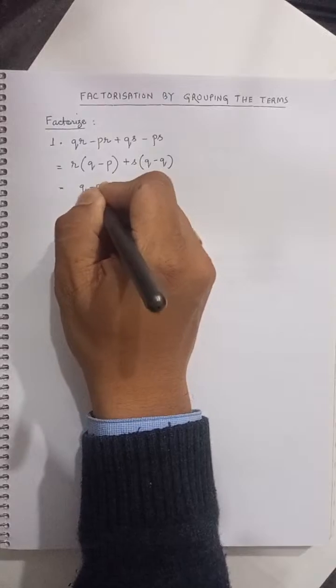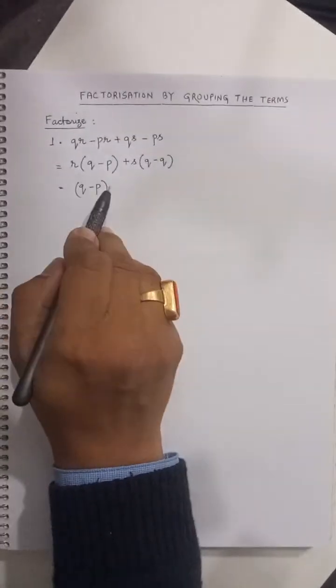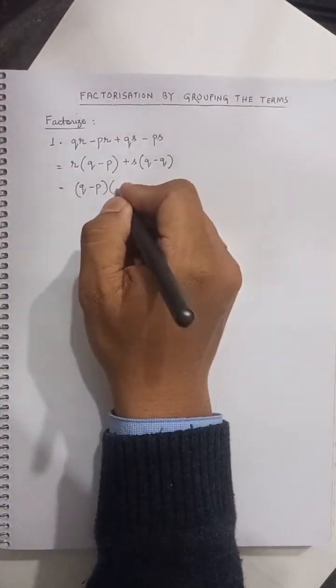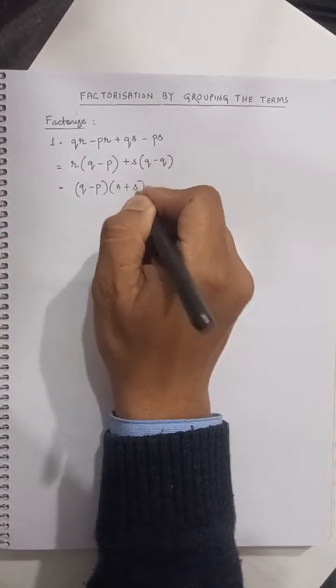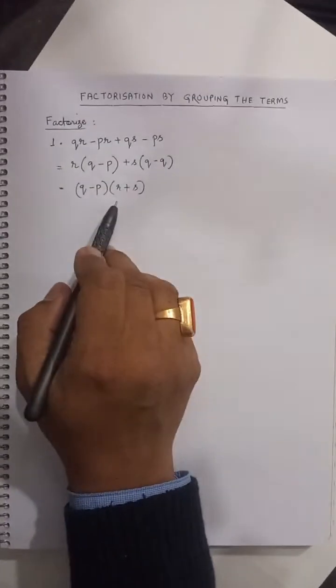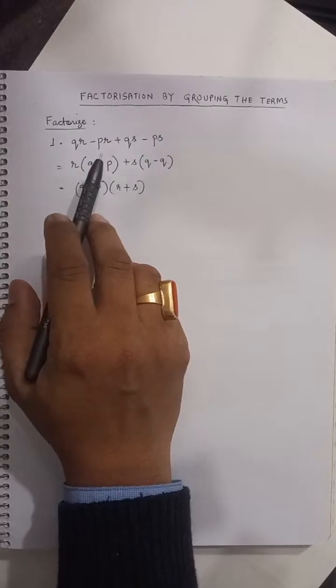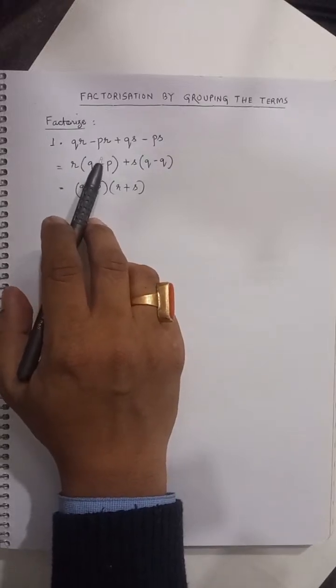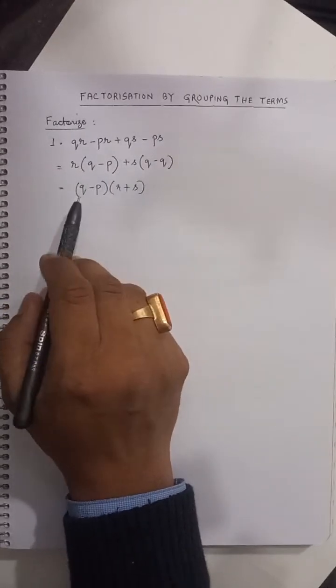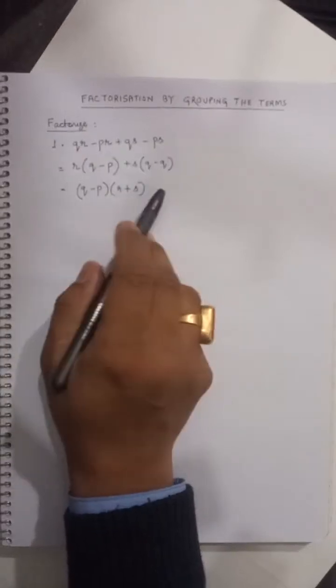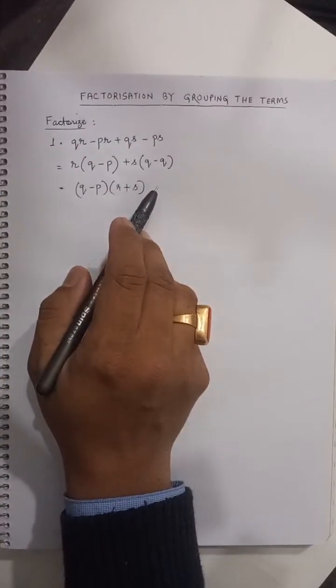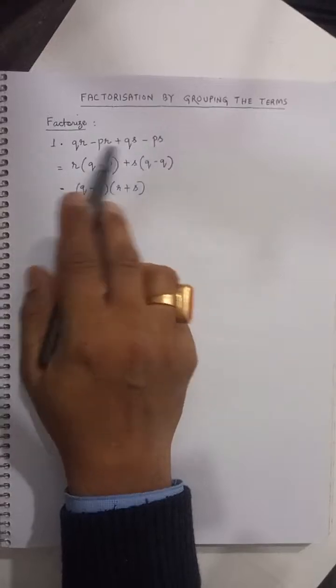So Q minus P, and we'll have R plus S. So this is the answer. So the expression QR minus PR plus QS minus PS, we have expressed in terms of its factors.